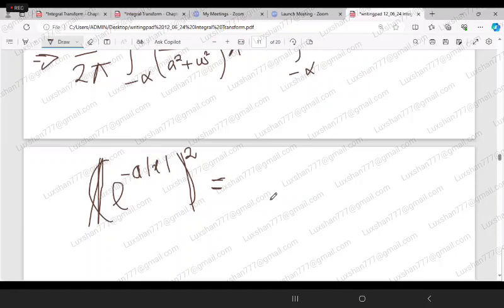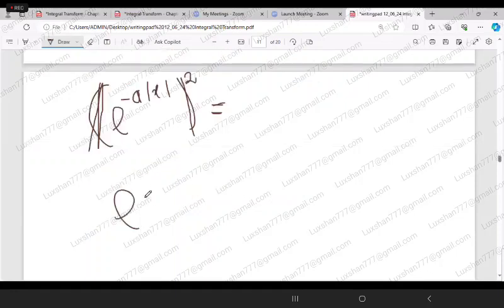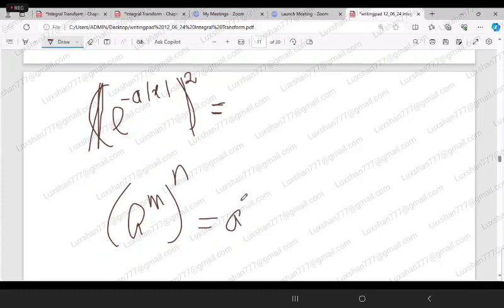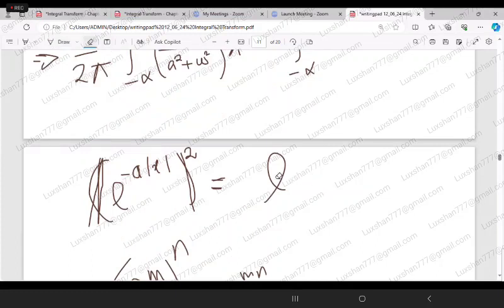You can write this using the identity we know. a to the power m to the power n is equal to what? Those of indices, a to the power mn. So using this, you can write this as e to the power minus 2a mod x.